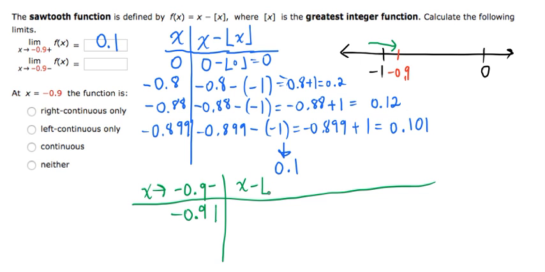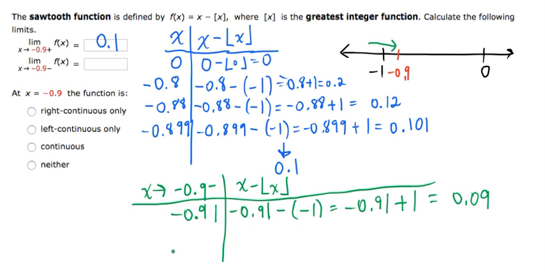Plugging into x minus the greatest integer of x, we get negative 0.91 minus the greatest integer of negative 0.91, which is negative 1. So you get negative 0.91 plus 1, which is positive 0.09. You could do negative 0.901.